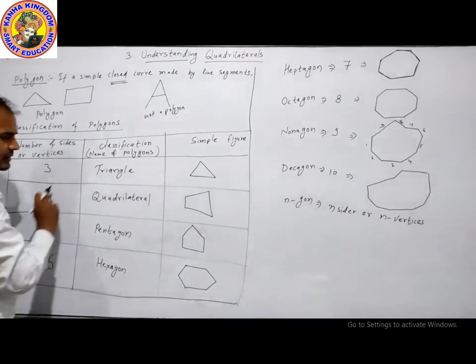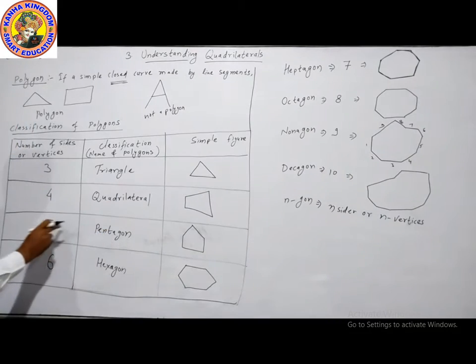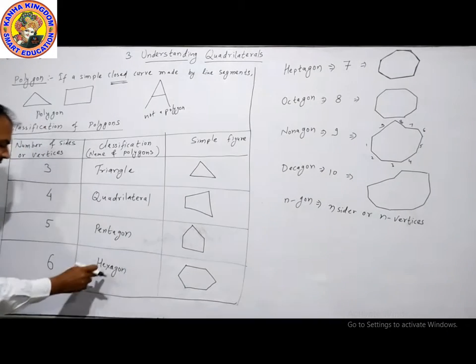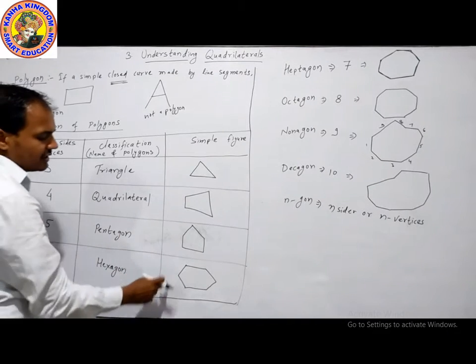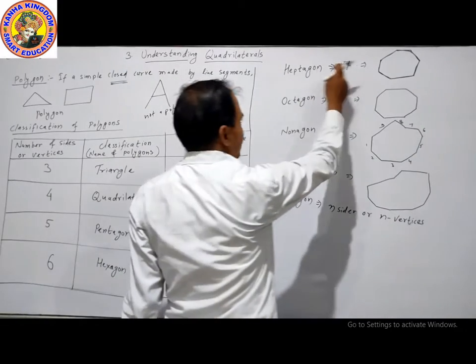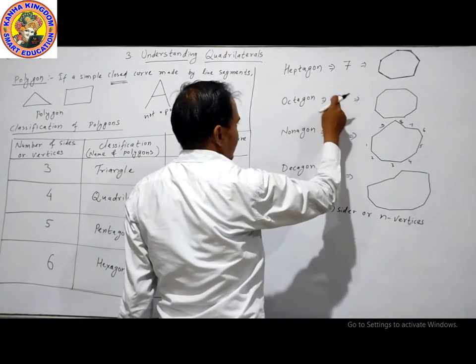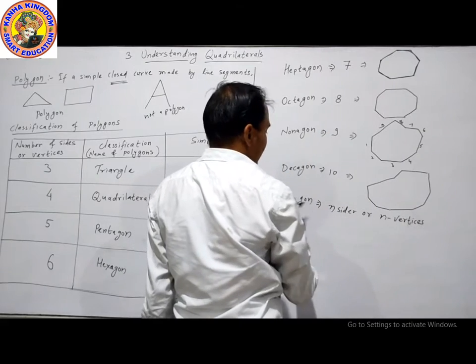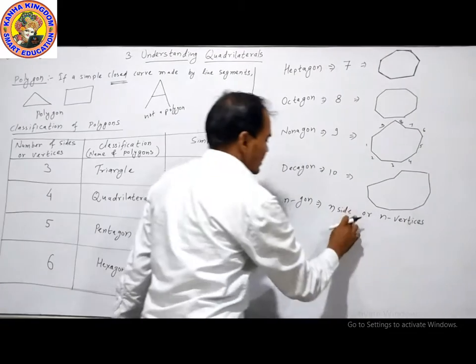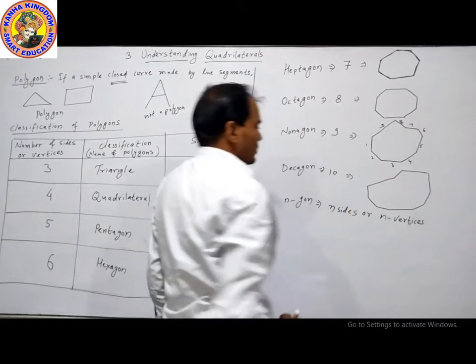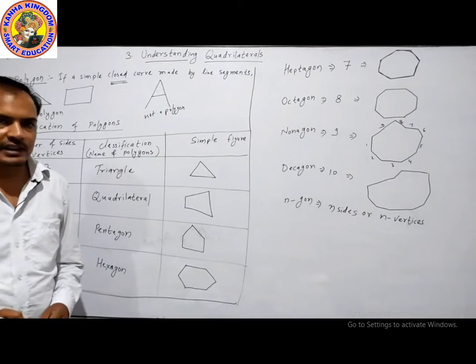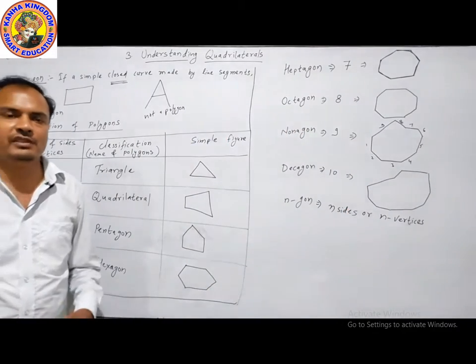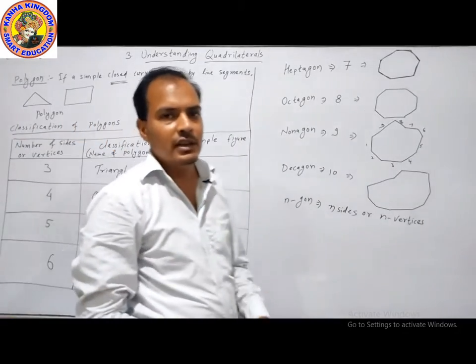Quadrilateral having 4 sides, pentagon having 5 sides, hexagon having 6 sides, heptagon having 7 sides, octagon having 8 sides, nonagon having 9 sides, decagon having 10 sides, n-gon having n sides. You can take a screenshot of this. We will move to our next definitions.